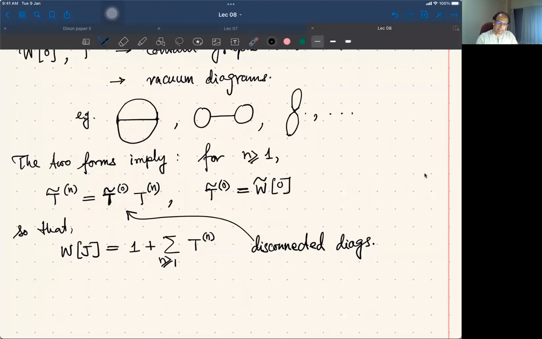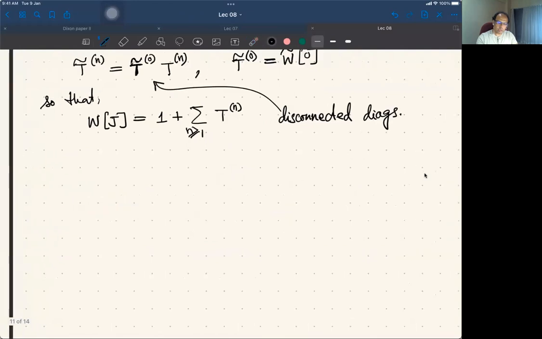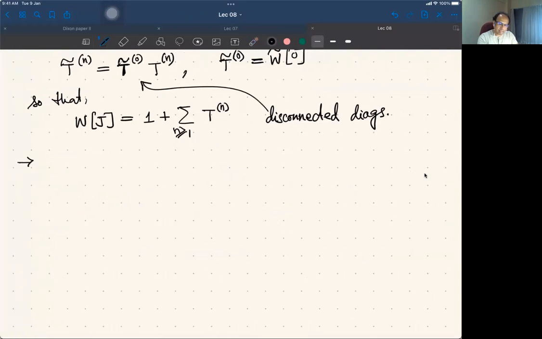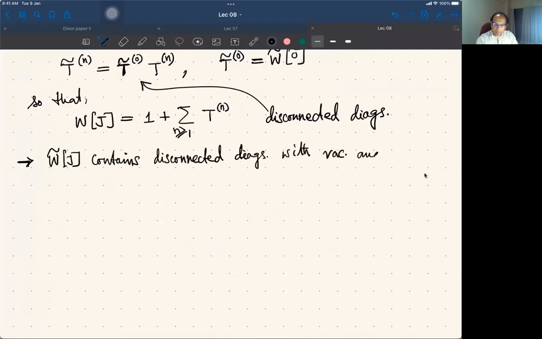So more generally, this shows that W tilde j contains disconnected diagrams with vacuum and non-vacuum factors.